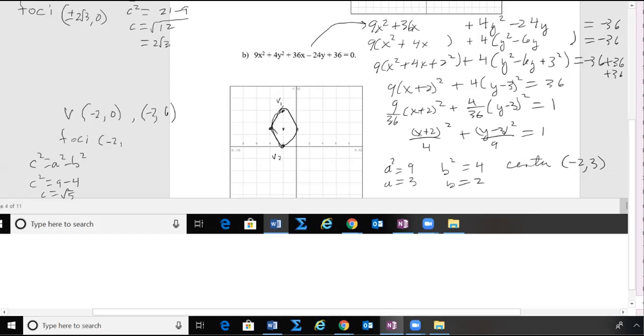It's 1, 2, 3 plus or minus root 5, because you're measuring c off of the center of the ellipse. So you start with that center and then you add out or you subtract down to get to the foci.